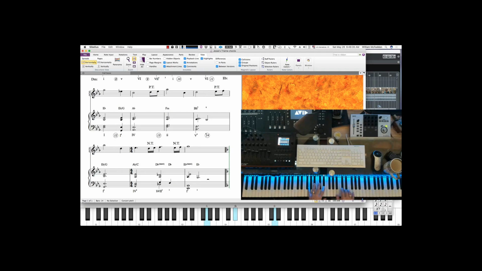So if you look at the scale of E flat, 1, 2, it's a seventh of E flat. And then we have a chord tone of A flat. Then we see another neighboring tone.